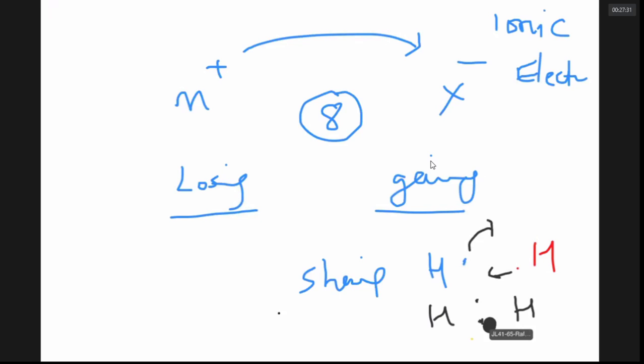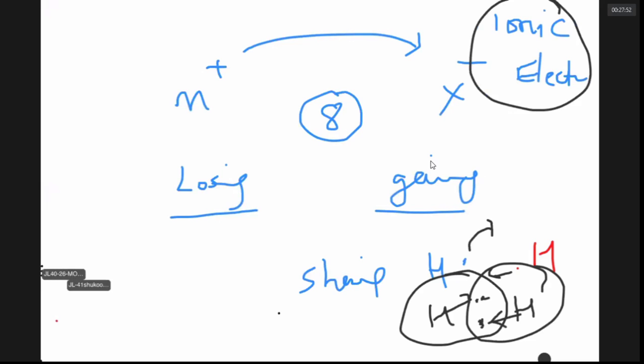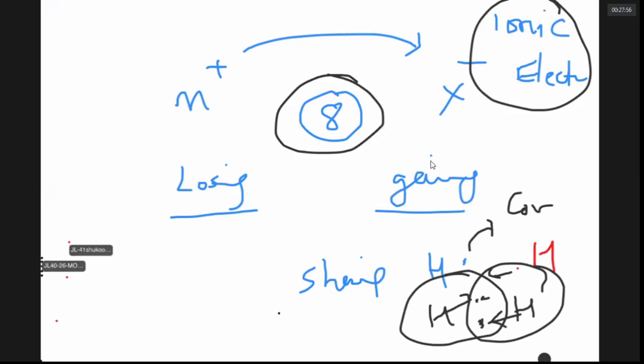The electron pair is shared so that both hydrogens get a noble gas-like configuration, helium-like configuration. So the bond formed by sharing of an electron pair, formed by contribution of both atoms, is called a covalent bond. Due to either ionic bond or covalent bond, atoms tend to get an octet of electrons.